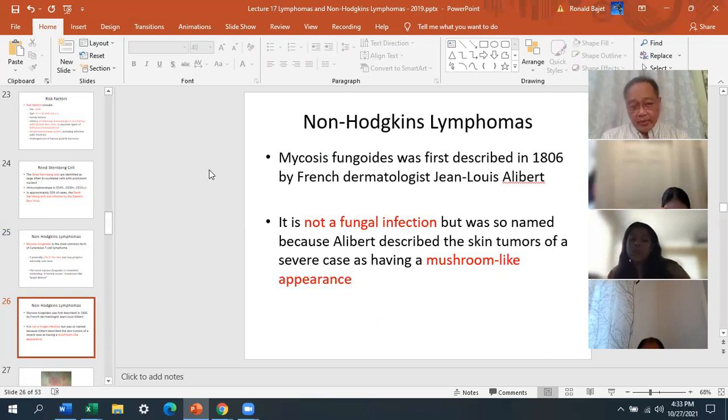The term is fungal in appearance, but it's not a fungal disease. He described the skin tumors of a severe case as having a mushroom-like appearance. The name was given only because of its appearance, but make sure you know it's not a fungal infection.